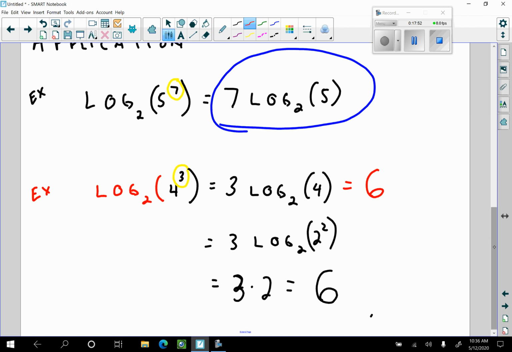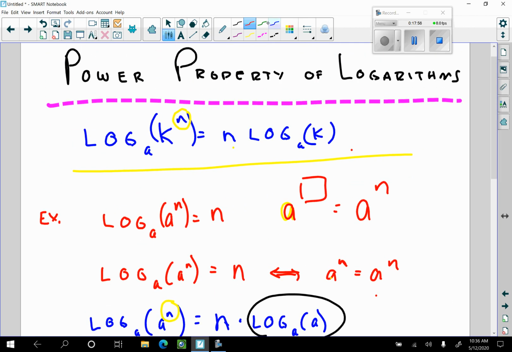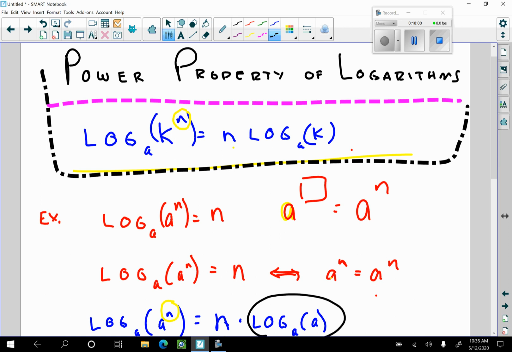This video went over 3 properties. It went over the power property, things that you're going to need to know on IXLs. This is the power property. You simply bring the power, the exponent, down in front.